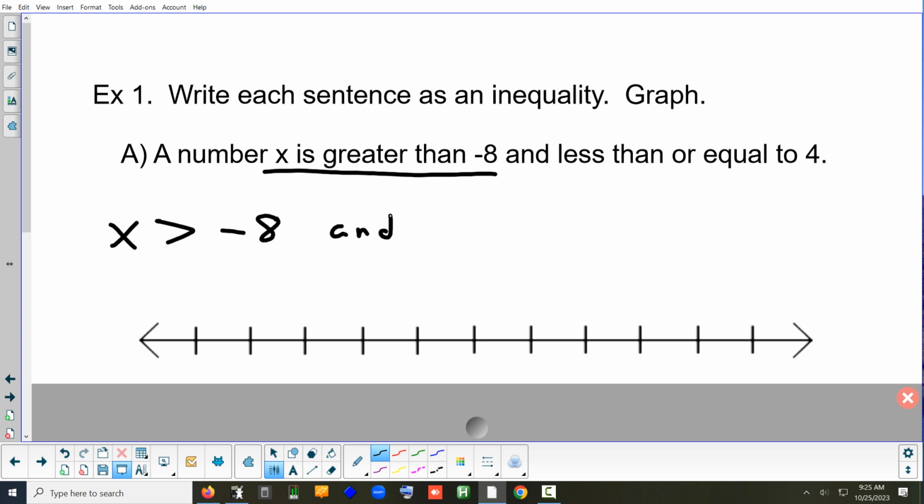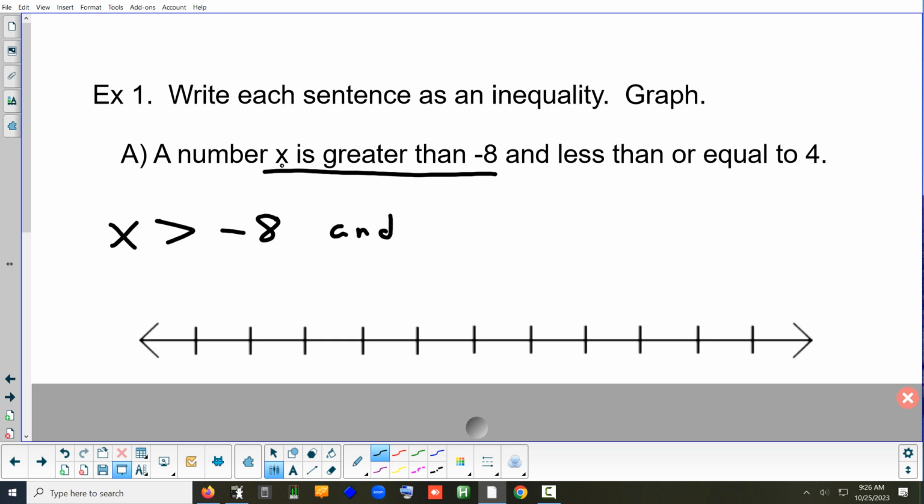But usually once you already say it in the beginning of the sentence, you don't have to say the x twice. It's kind of like if I said, John went to the store and John bought bread and John came home. I could just say John went to the store and bought bread and came home. I don't have to keep saying the subject of the sentence over and over because we already know it's an x. So x is greater than -8 and that is also less than or equal to 4.